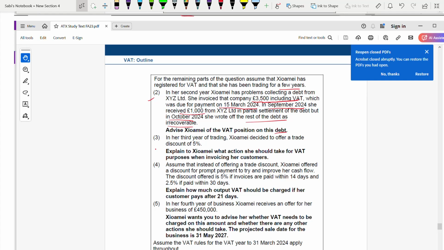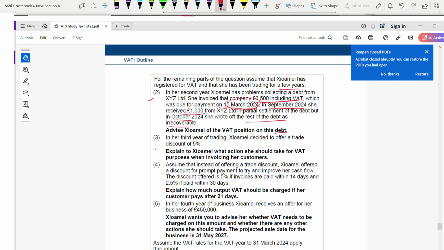Payment was due on 15 March, and in October you're writing it off. So more than 6 months went.